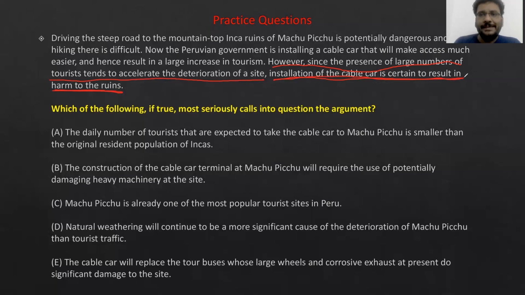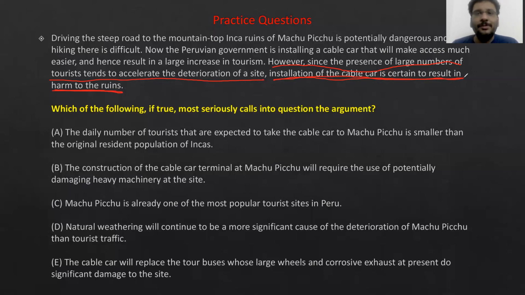Now, on what basis does the author come to the conclusion? Remember, always ask the question why to the conclusion, right? Why does the author believe installation of a cable car is going to result in harm to the ruins?